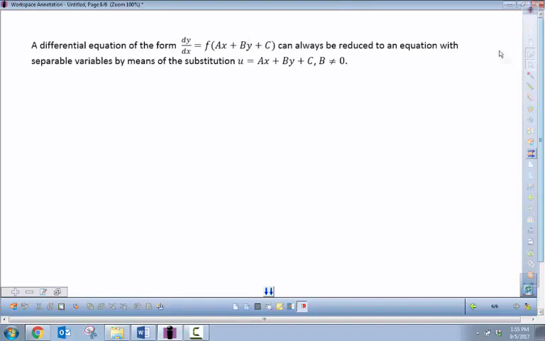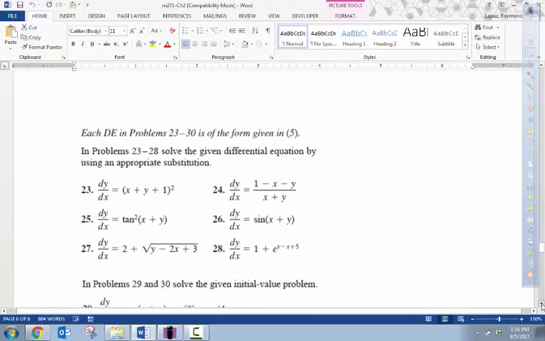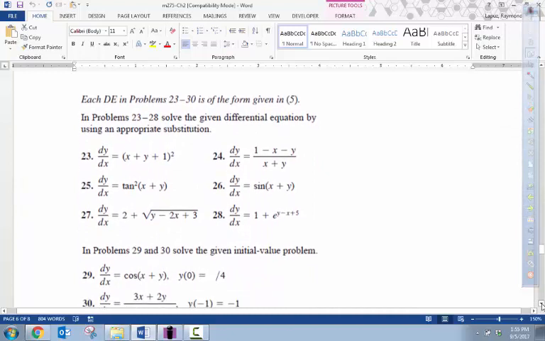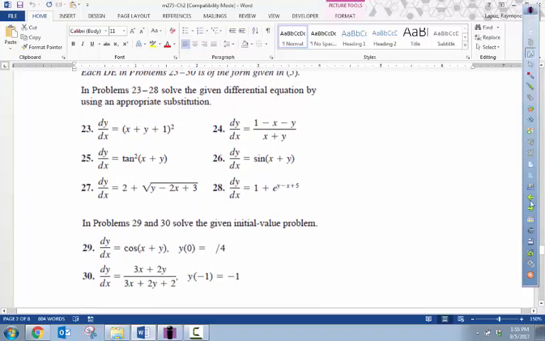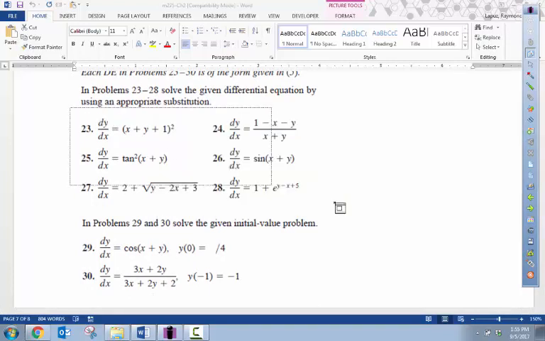So what types of differential equations would qualify under this special type of function? I don't think it has to be partial fractions. I think any of these would work, and we'll pick one.